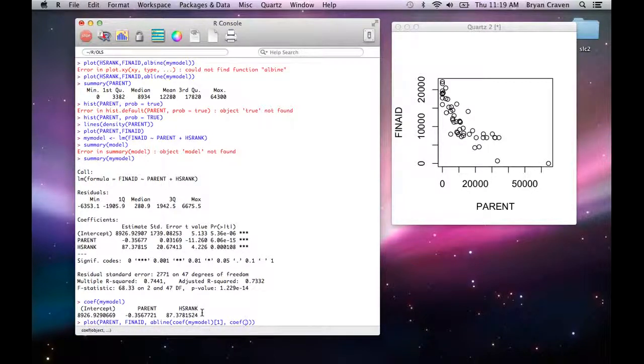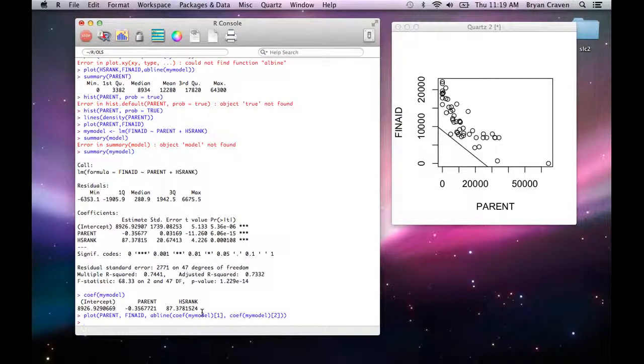So we're going to say coef of my model and the second one. And so here, though the scale will be different than what's in the book, you can see that you do have that negative relationship, and it's pretty apparent. And once again, we just practice using abline, telling it specifically which points to use to plot that line.